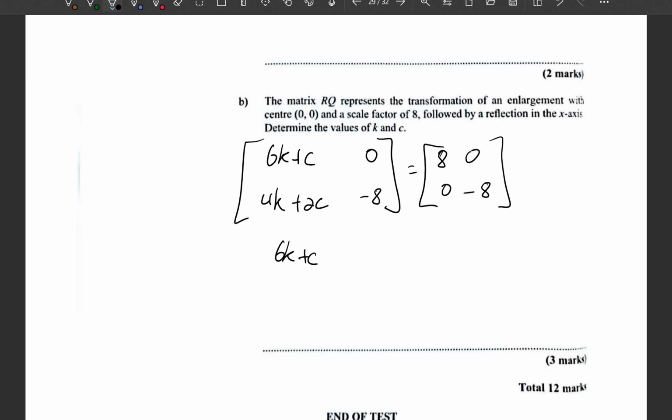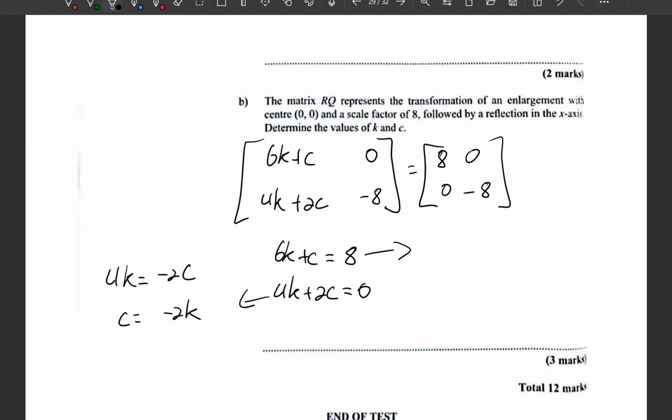We see that 6K plus C is equal to 8, and then 4K plus 2C is equal to 0. So if we use this particular equation here, we see that 4K would be equal to minus 2C, and C then would be minus 2K. Now we can solve the other equation.